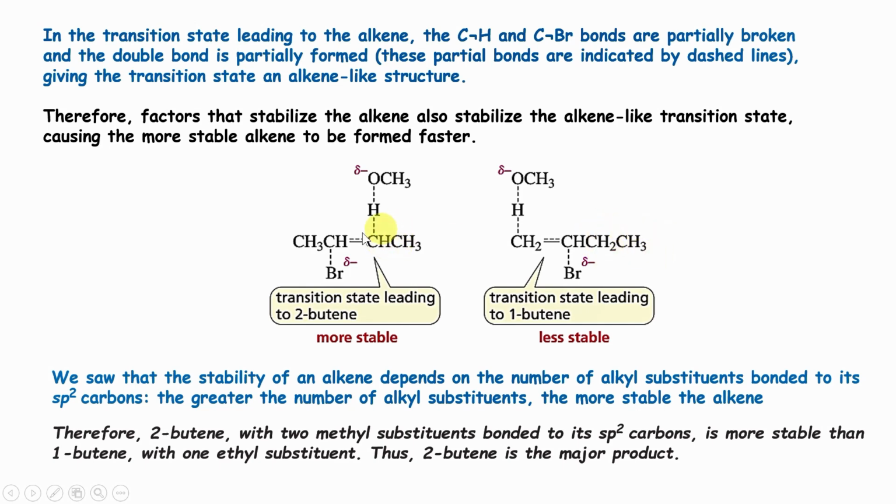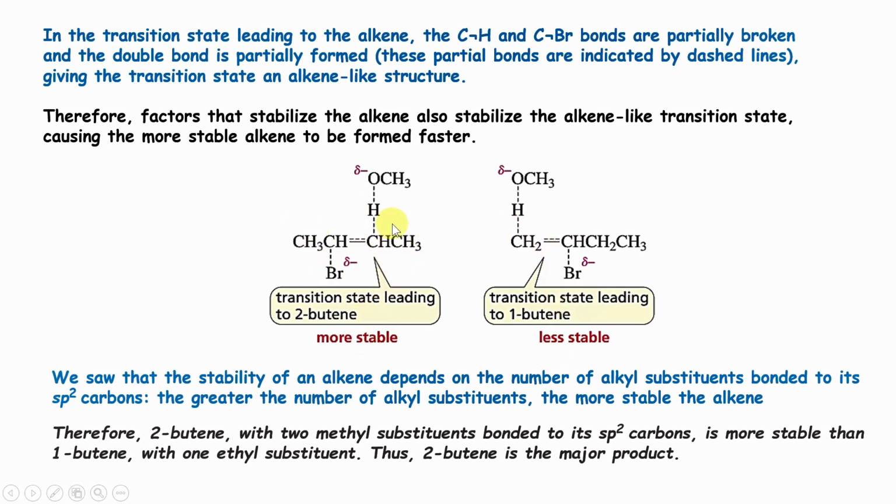Both sp2 carbons contain a methyl group, and hence these methyl groups, with hyperconjugation or plus inductive effect, will stabilize this transition state more than this one, which contains only an ethyl group on one of the sp2 carbons. That is why it is less stable and this is more stable.